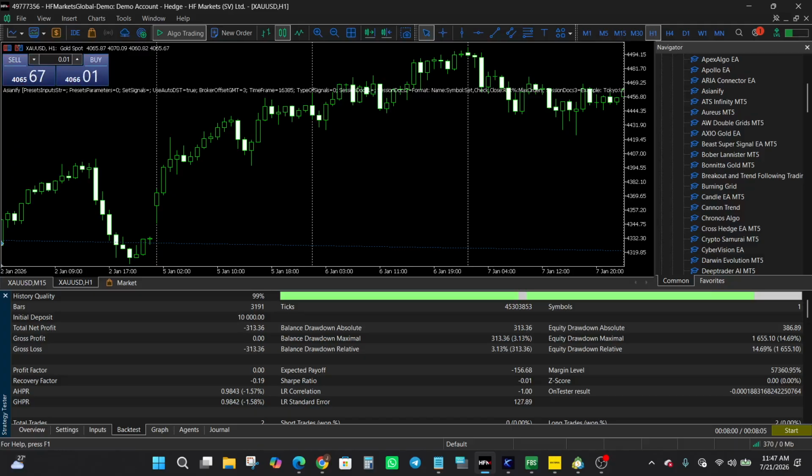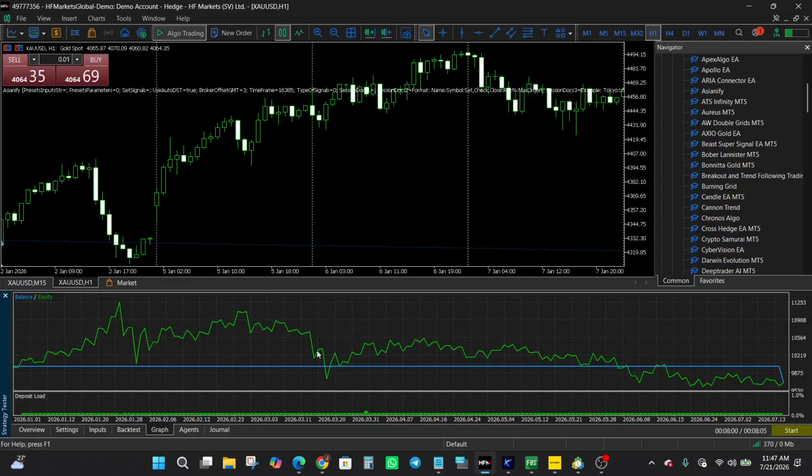Now one thing worth noting from the equity curve is that the equity drawdown reached almost 15%, and that is well above the final balance drawdown of just over 3%.